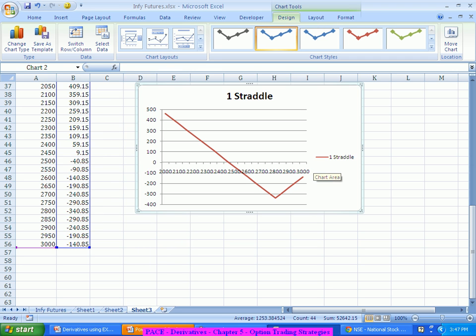If the stock price is within this range, my profit is actually negative, below the x-axis. But the moment it is outside the range, I'm going to get good profits. So if I assume that the stock price is going to be very volatile, I can adopt this strategy.